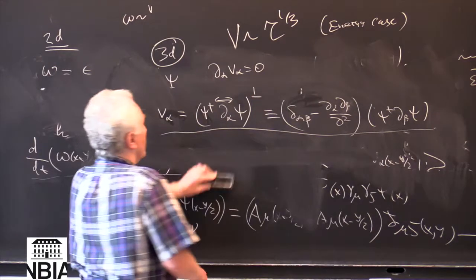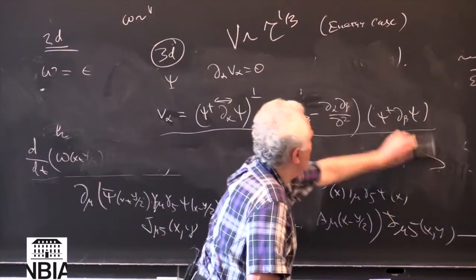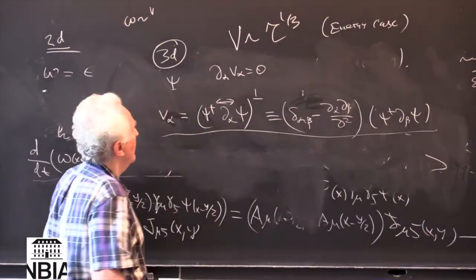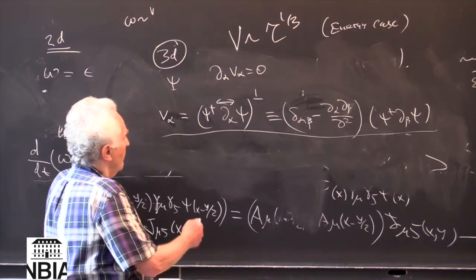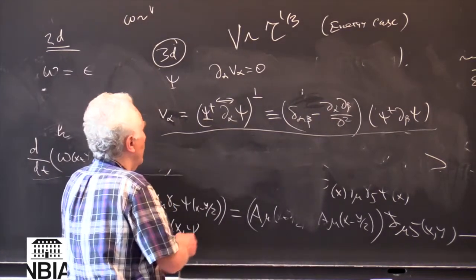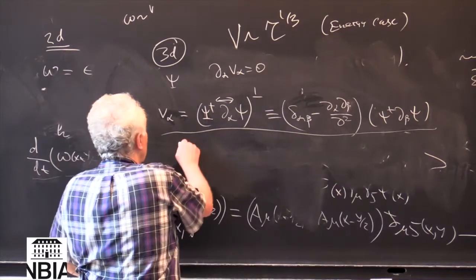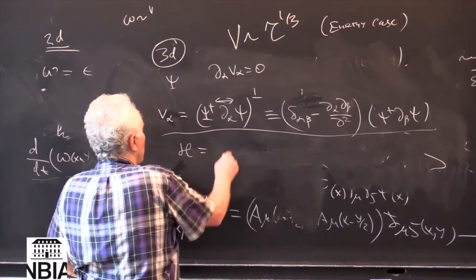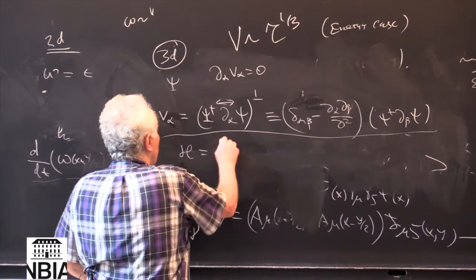Now, the things are extremely simple. We have the Hamiltonian, which is simply V alpha squared.